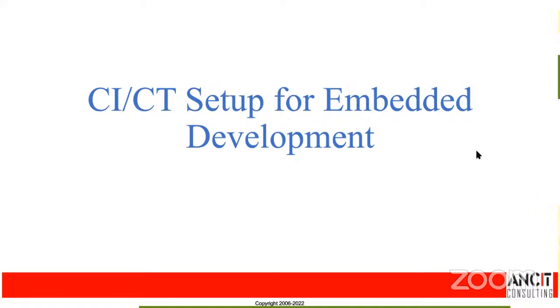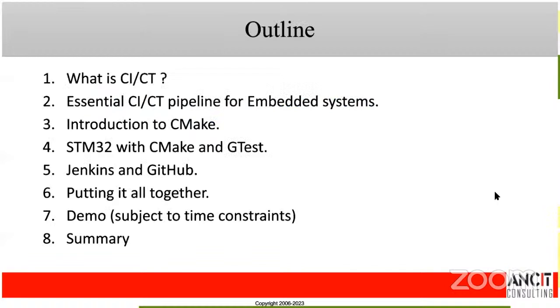So in today's webinar, let me give you an outline of what's going to happen. First, we'll take a brief look at what exactly continuous integration and continuous testing are. Then we will see the essential integration and continuous testing pipeline for embedded systems.